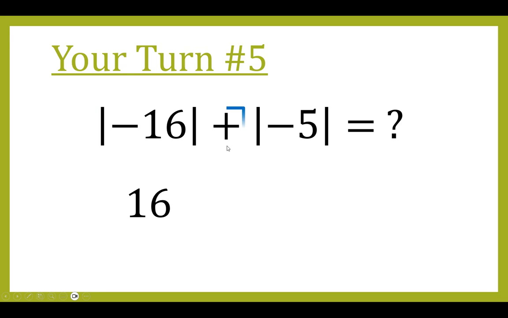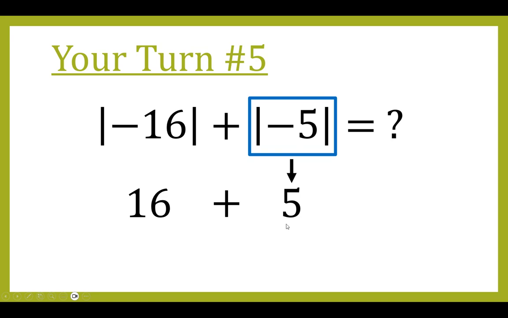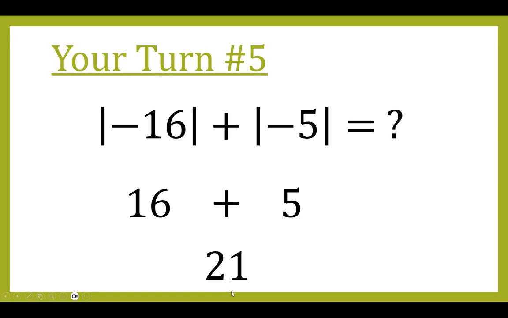I'm going to bring down this plus, and then I'm going to look at this absolute value. I have absolute value of -5. The distance of -5 and 0 on the number line is a +5. I'm going to simplify. 16 plus 5 equals 21. Therefore, my answer for this absolute value expression is 21.